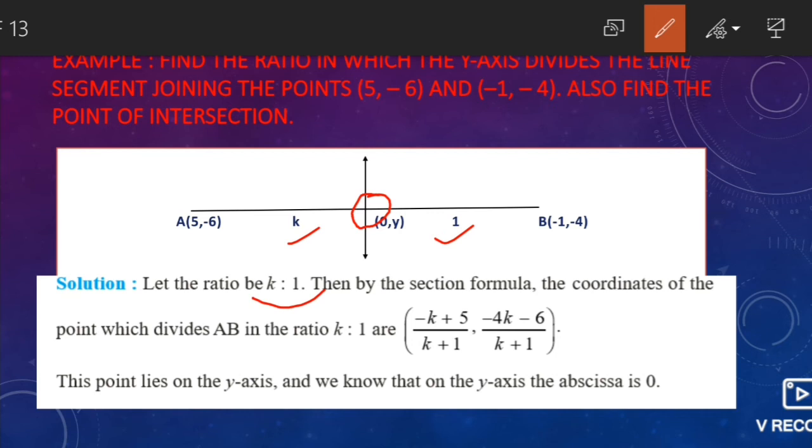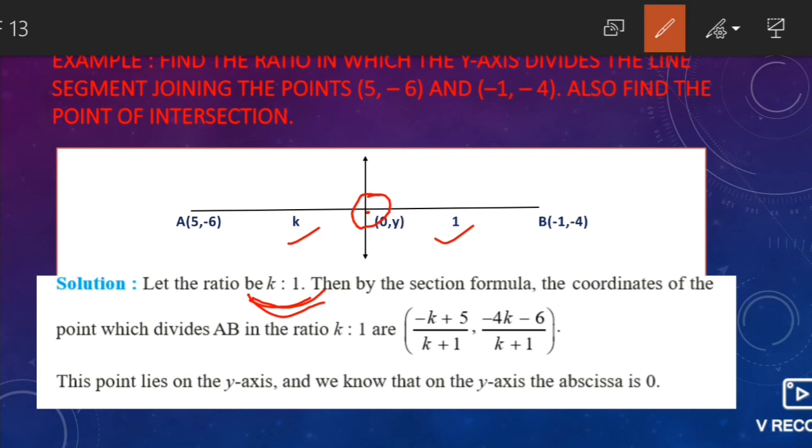In the previous example I took the unknown ratio as m1:m2, but here I am taking the ratio as k:1. You can take either m1:m2 or k:1, but k:1 is easier. So let the ratio be k:1.